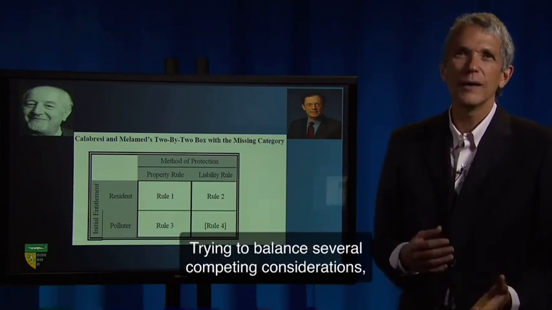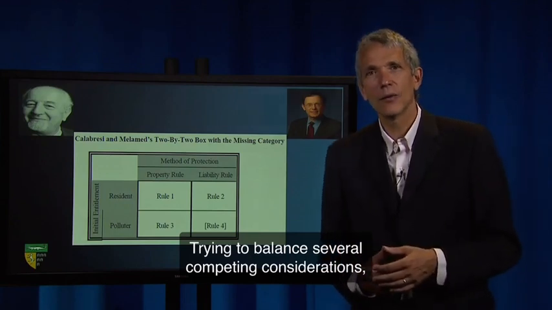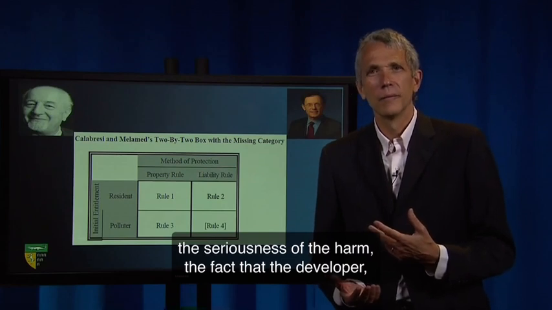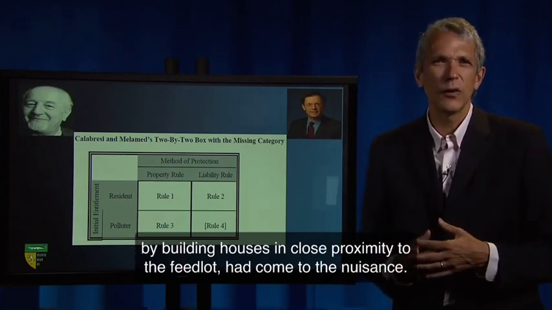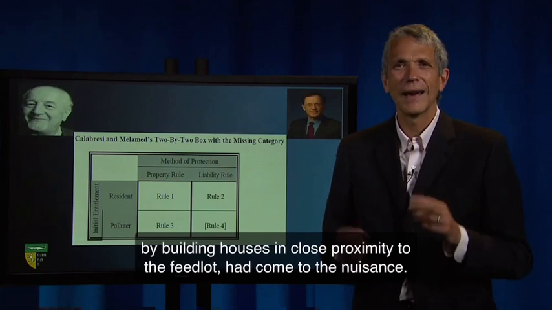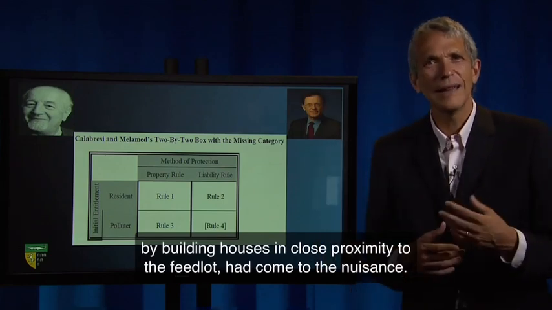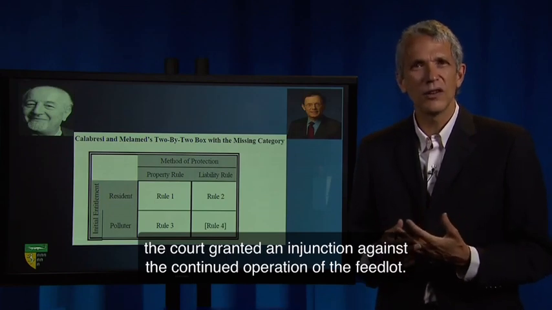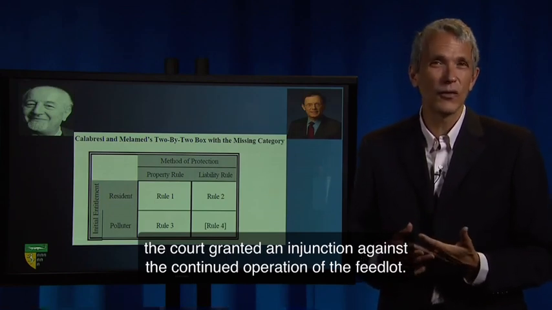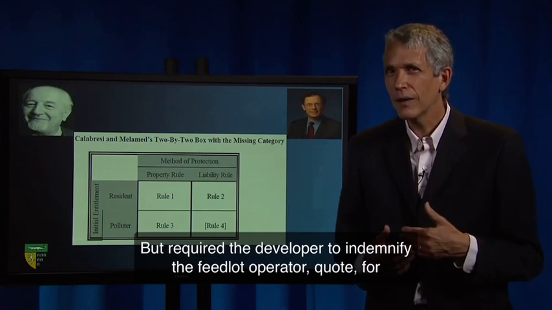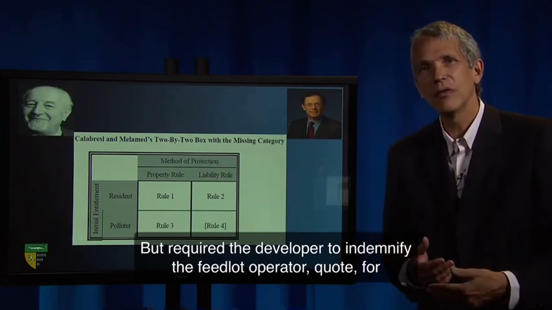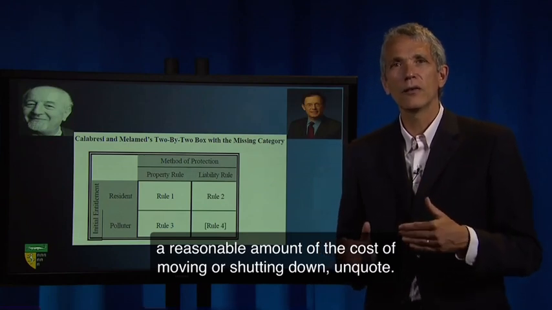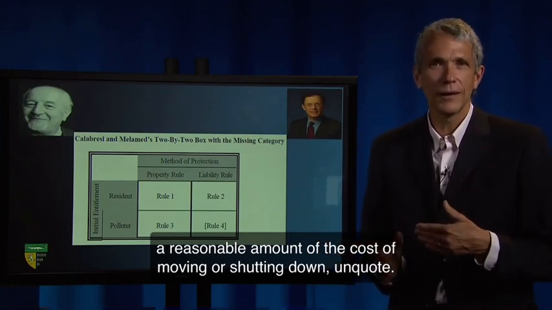Trying to balance several competing considerations, the seriousness of the harm, the fact that the developer, by building houses in close proximity to the feedlot, had come to the nuisance, and the innocence of the community residents, the court granted an injunction against the continued operation of the feedlot, but required the developer to indemnify the feedlot operator, quote, for a reasonable amount of the cost of moving or shutting down, unquote.